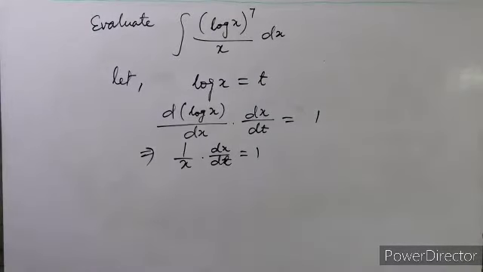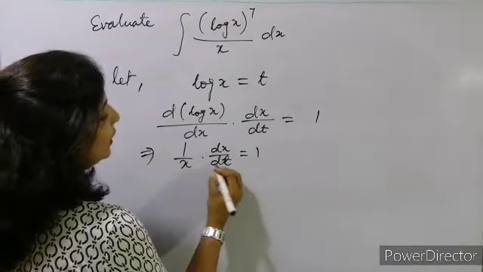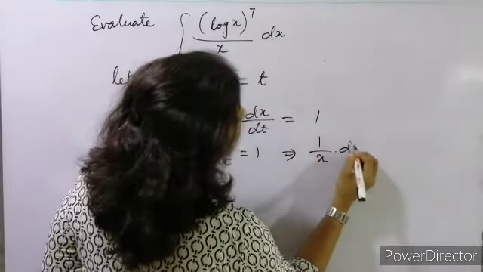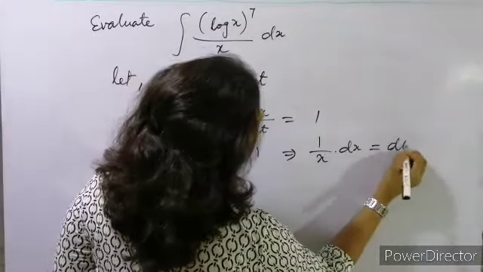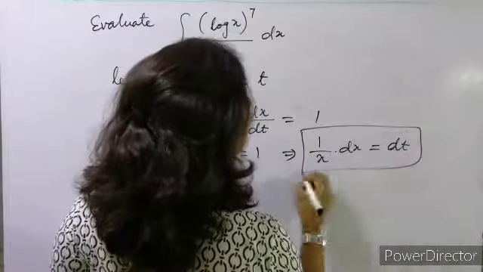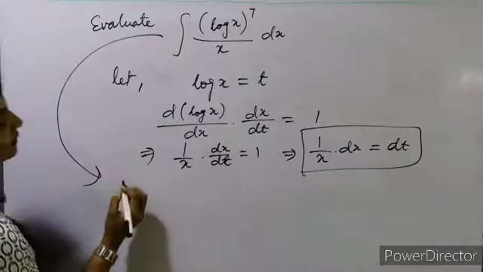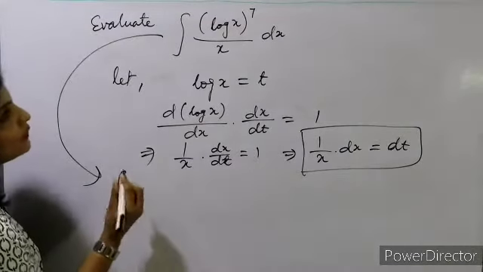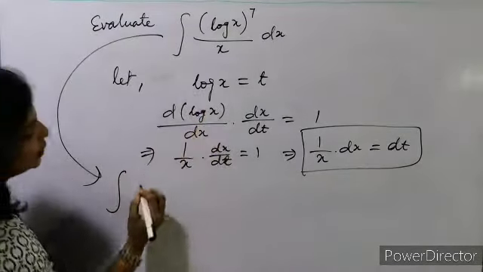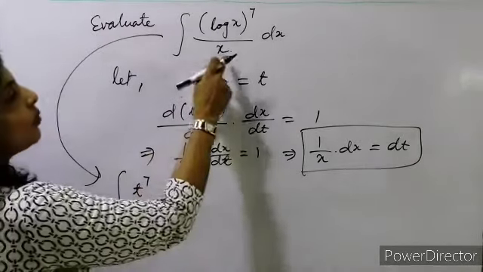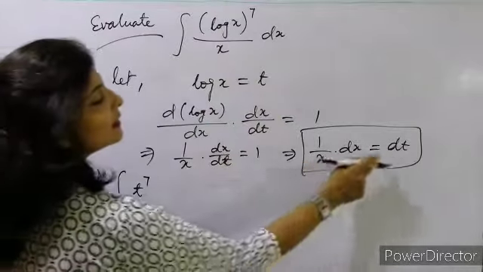Now we have to find the value of dt. So we can write 1 upon x dx is equal to dt. By putting this value in the equation, log x is t, so we get t to the power 7, and 1 upon x into dx is dt.